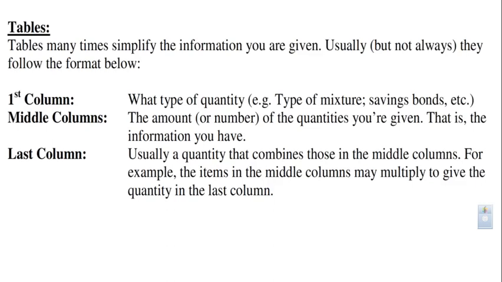Different types of questions require you to use different types of quantity. The middle columns are some type of listing of the information that is provided, the numbers of quantities or the amount of the quantity, and also what variables you're going to be using. And the last column is usually some way of combining the middle columns by some formula. We'll see some examples as we go along.